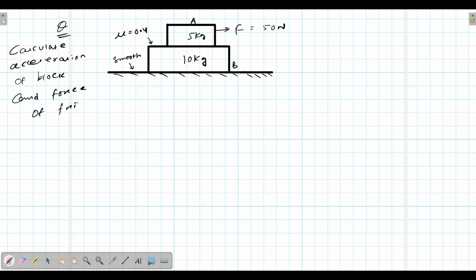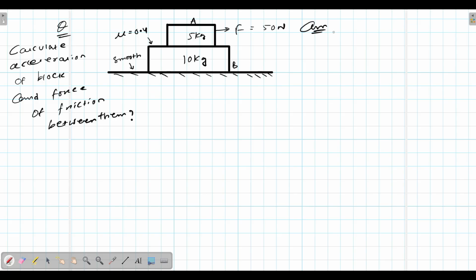Calculate acceleration of the block and force of friction between them. First point is, according to the rule, consider both the block as single block, find the common acceleration.